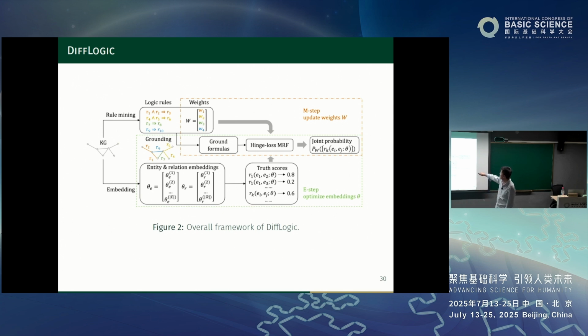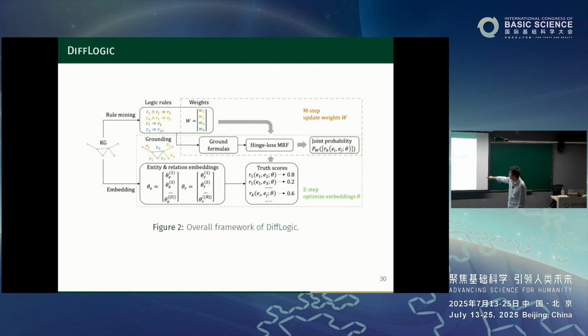You have many rules. Then, using our embedding techniques, we project the entity and the relation to low-dimensional space. Then, using embedding-based methods, we give scores between 1 and 0.